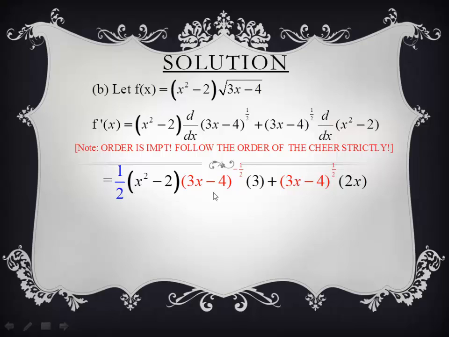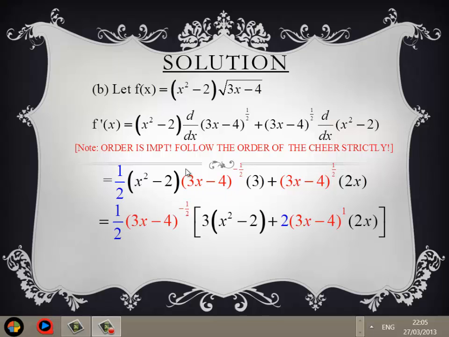So we attempt to take out the common factors. We also notice that there's a fraction here that cannot be cancelled out with 3. Half could not be cancelled out with 3. So we also take out half as a common factor, and 3x minus 4 power minus half.